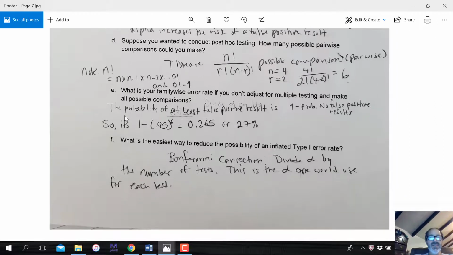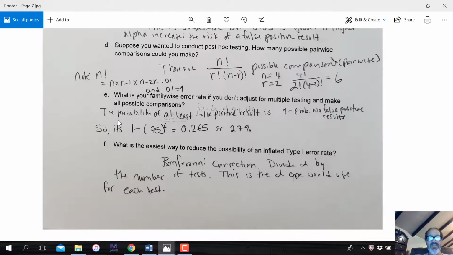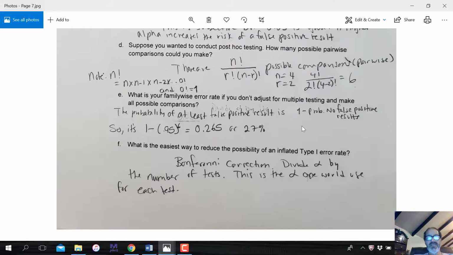What is the family-wise error rate if we don't adjust? People like to just do every possible t-test when they make these comparisons, but the problem is that'll inflate the type 1 error. So let's look at this. The probability of at least one false positive result is 1 minus the probability of having no false positive results.